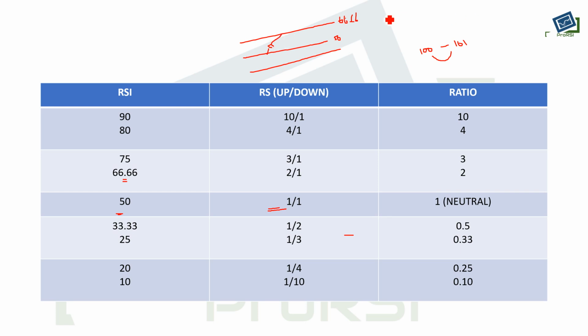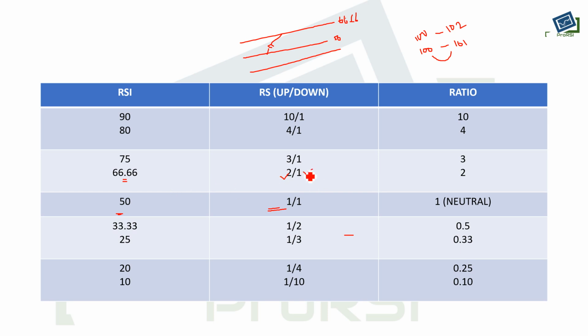That means if it wants to go to 66.67 and the price is at 100, suppose, then 102 will be required. The proportion is now changing. A 2 point move will be required here.